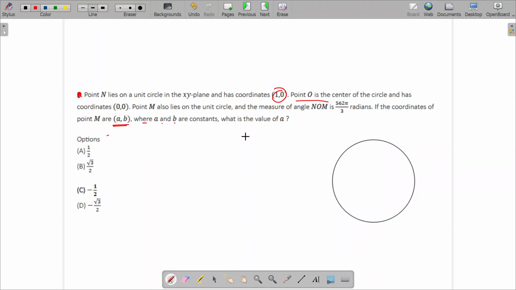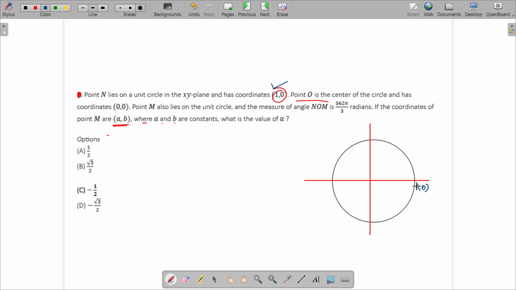I told you in the last session also that always visualize it by drawing a figure. That makes your calculation easy and helps you do the question correctly. So let's visualize it. Let's say these are the two axes. There is a center which is (0, 0). N has coordinates (1, 0), so it lies here.